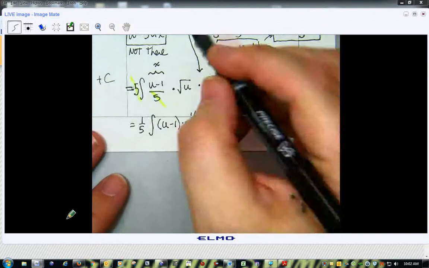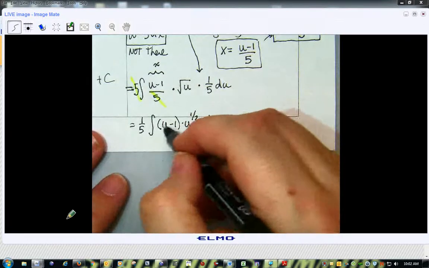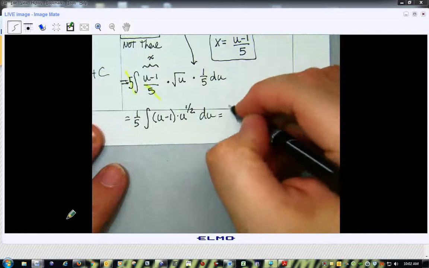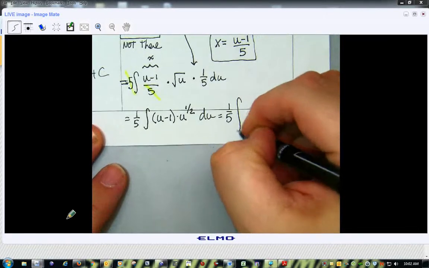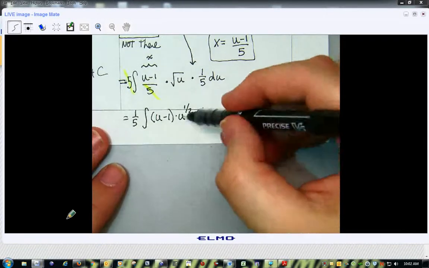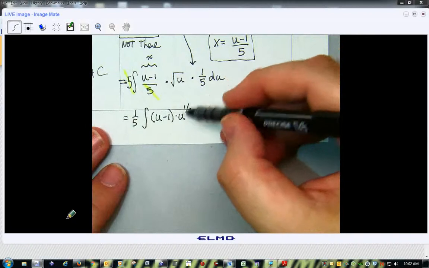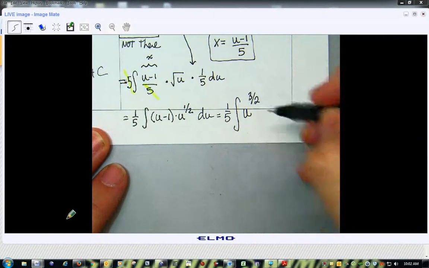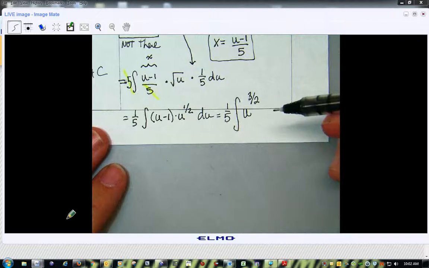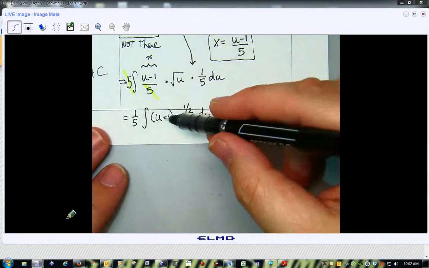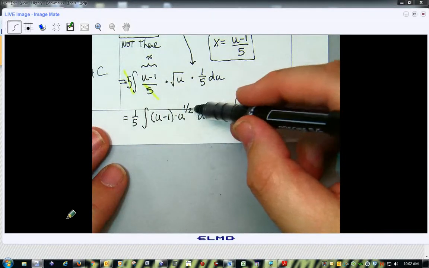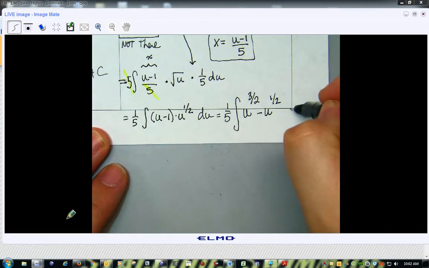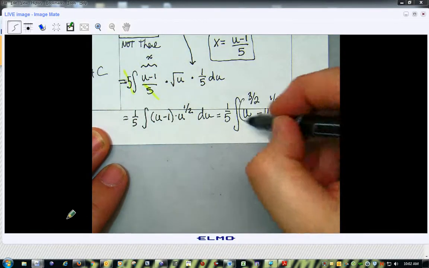Now, can I do a distributive property here? Alright, so what's u times u to the half? Yep, u to the 3/2. You add 1 to it, so you're adding 2 over 2 to it. Now, minus 1 times u to the 1/2, so it's minus u to the 1/2. And that's du.